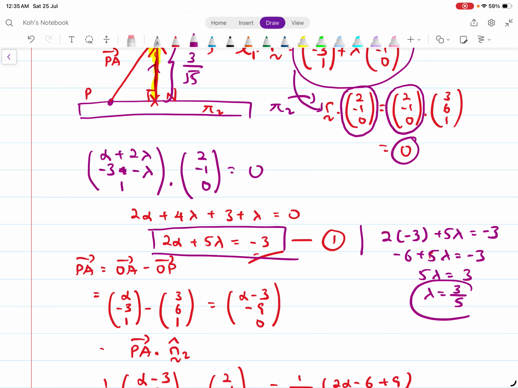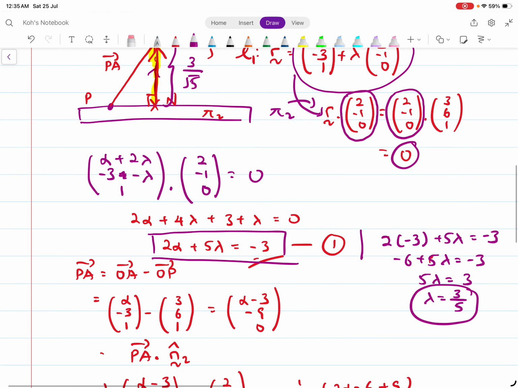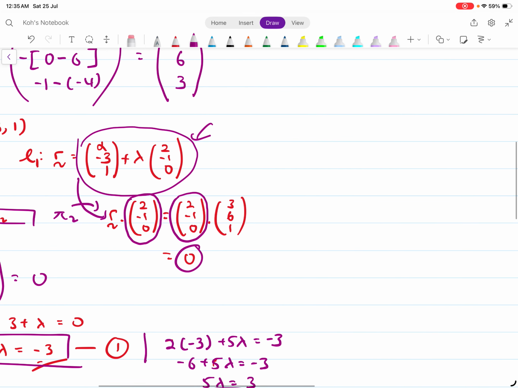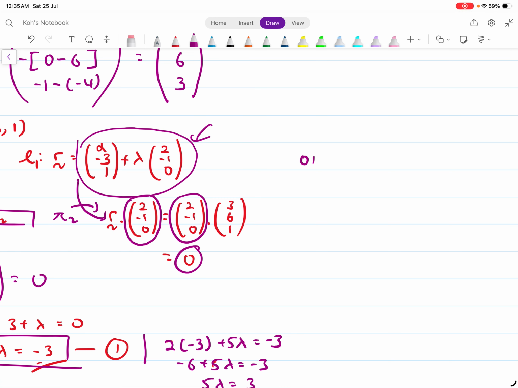Okay, so I get this value of lambda. That's where I need to sub inside because we know that point n right here also lies on this line right here. So you just sub in. That will be the answer really. So okay, maybe right here. ON is equal to alpha. So alpha is negative 3, minus 3, 1.